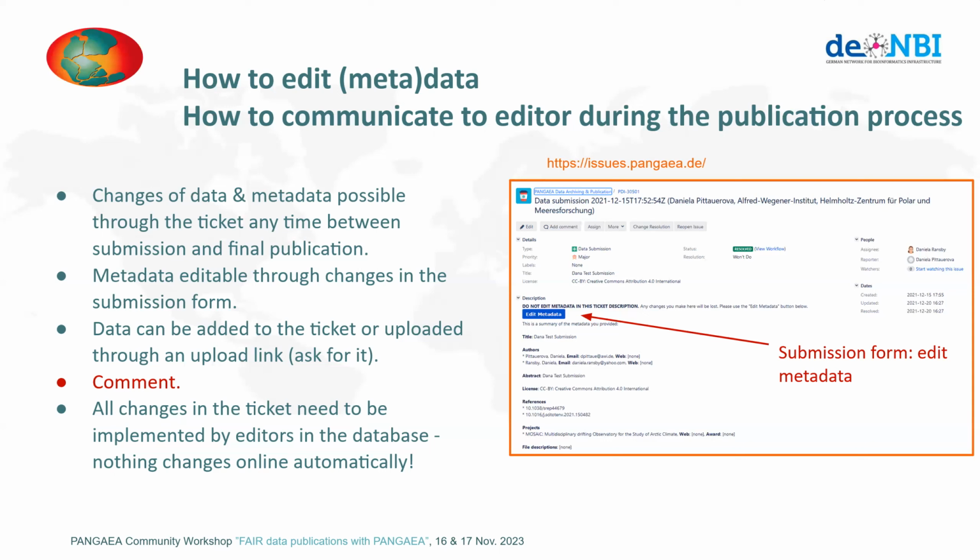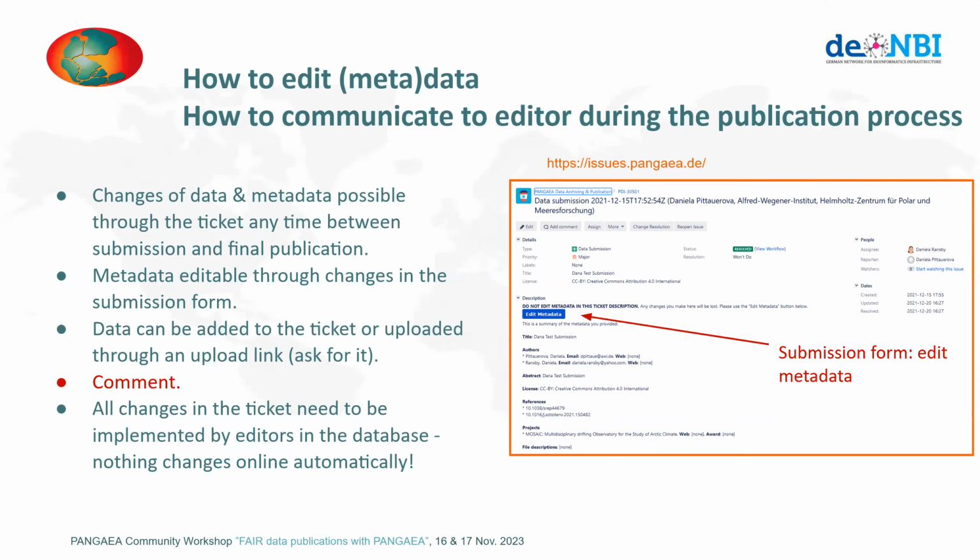If you need to make changes to your data and structured metadata, you can go to the ticket and look for the blue Edit Metadata button, which you can see in this screenshot here. This is the communication environment. Pressing this will take you to your original submission ticket or submission form, where you will be able to review and update the metadata.